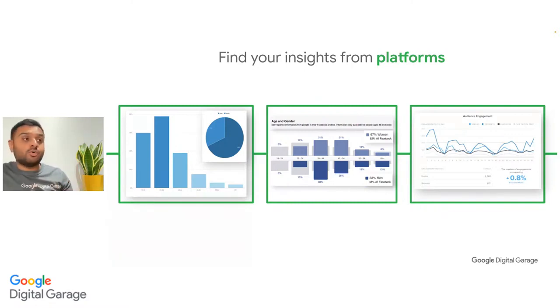With most, if not all, social media platforms out there, there's usually an analytical insight section that you can use, where you'll see different graphs and charts available for you to view. These are built directly into the platforms themselves, so you've not got to go anywhere to find this information. And it's available for you to access at no charge.